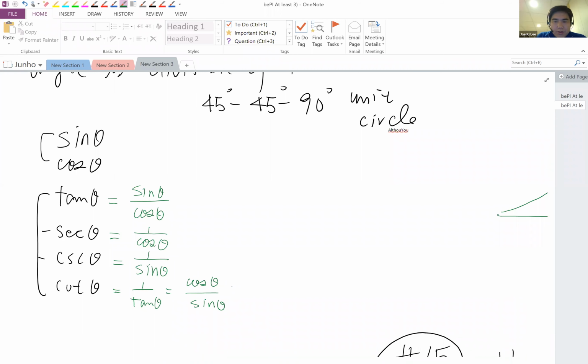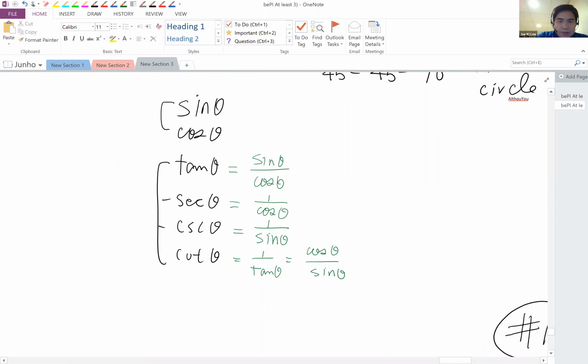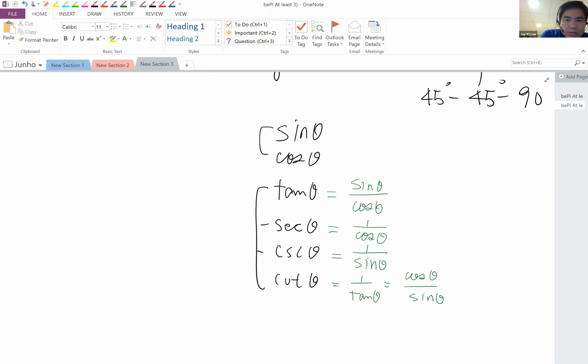So now, if I give one example, just say the angle is pi over 6, so theta equals pi over 6. Let's figure out all 6 different trigonometry function values.